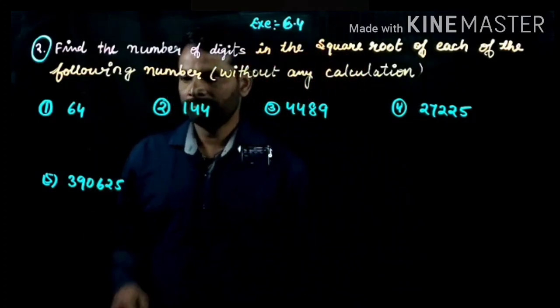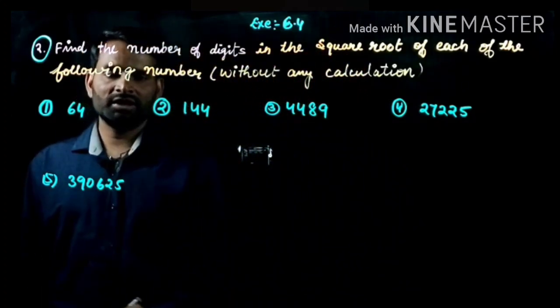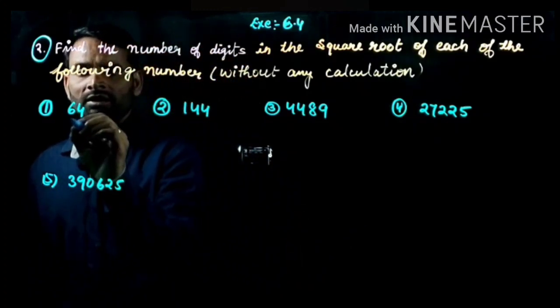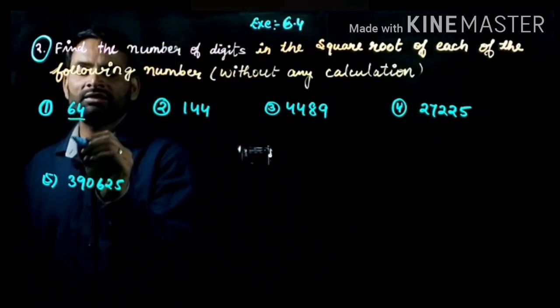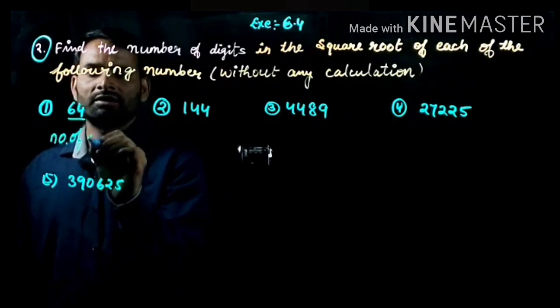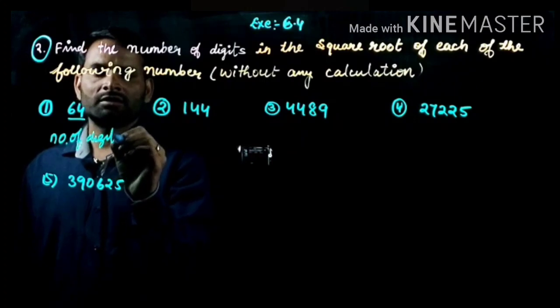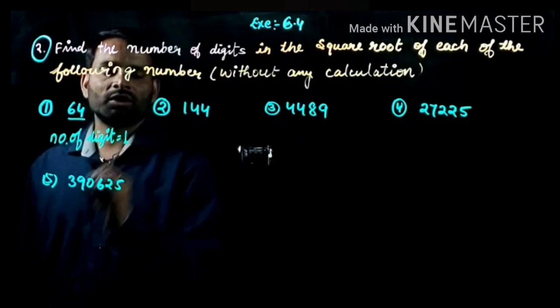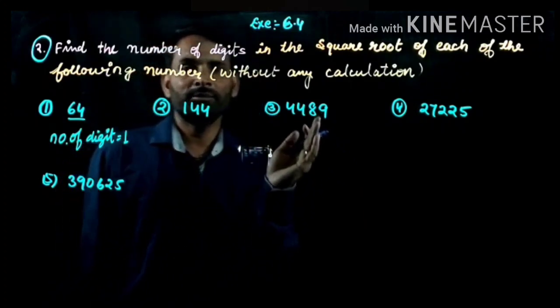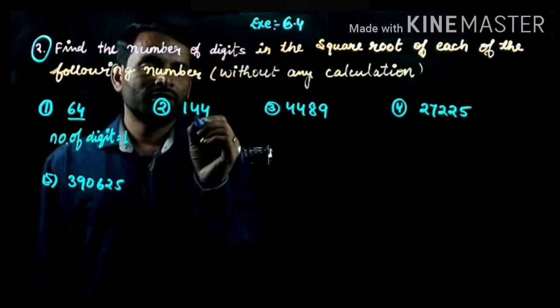So it is simple. 64. Same method, make a pair. This is one pair, it means the number of digits is 1. Now next, make pairs from right to left.